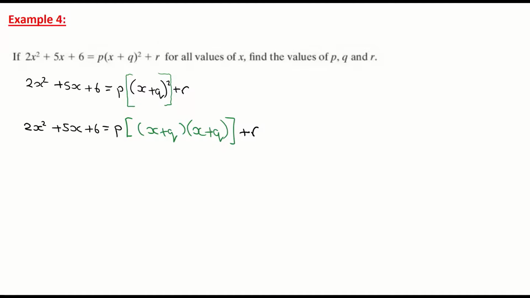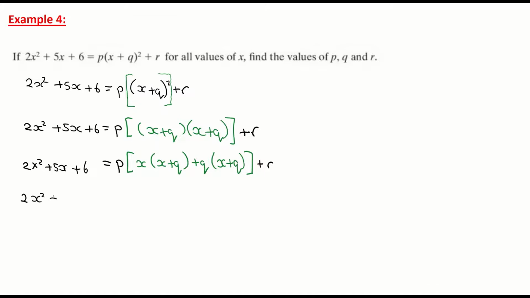I'm now going to multiply out those brackets, so that's giving me first term by second bracket, so x times (x plus q), and plus q times my second bracket, which is (x plus q). Close my square bracket, make sure that that is all being multiplied by p, and plus r at the end, and that is all equal to 2x squared plus 5x plus 6.